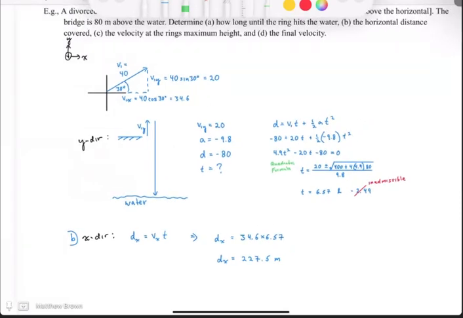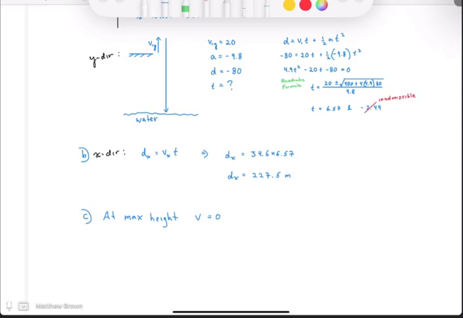It happens. C, the velocity at the ring's maximum height. When it gets to its absolute maximum height, what has to be the case? I'm seeing people write this down, which I agree with, at max height, but this is just missing something.